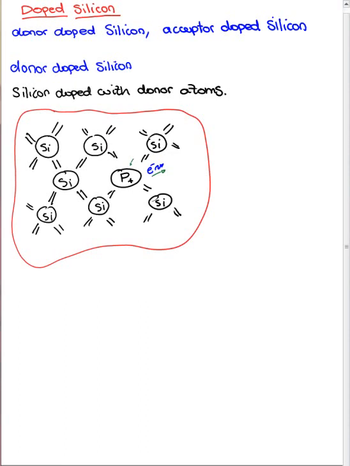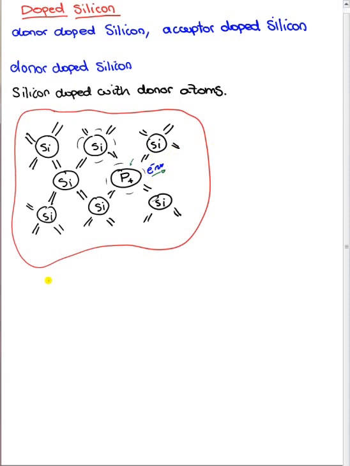So now you see all of these silicon atoms right here are neutral, right? In reality, we don't care too much about this. We care about the fixed charges, in this case the positive fixed ion right here, and then the electron that just came out, that is free to move around.